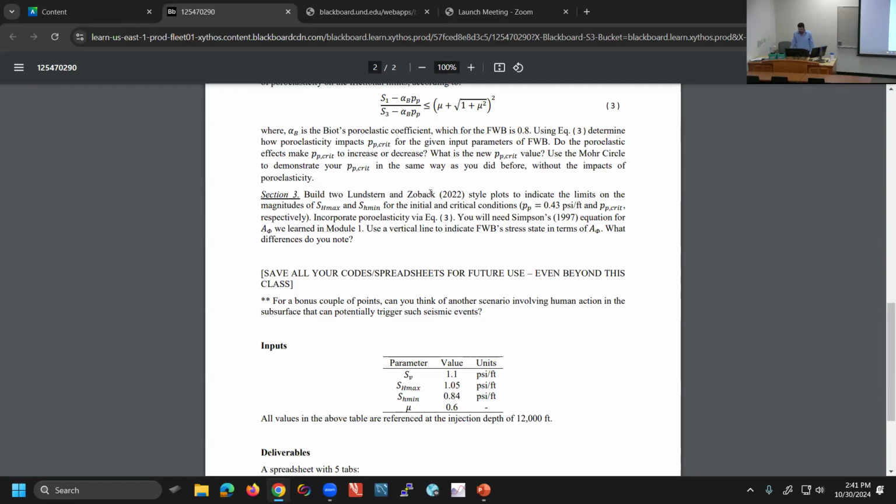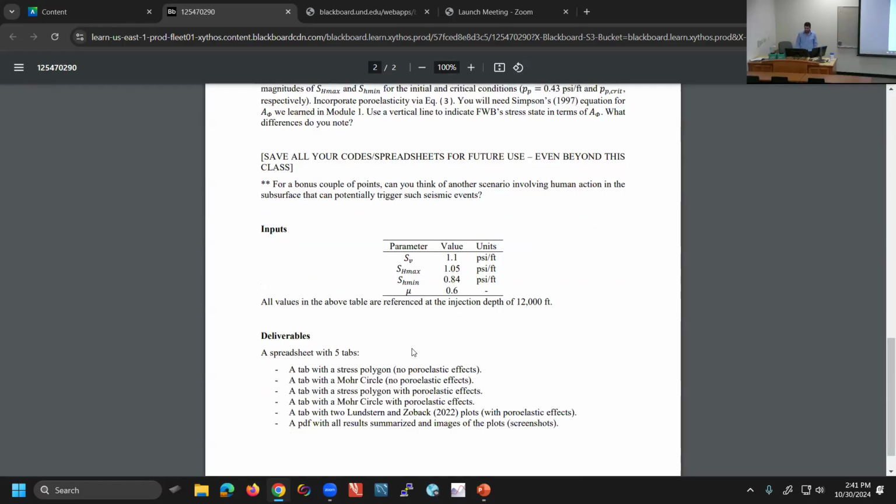Everything else stayed the same. I want you to submit a spreadsheet and a PDF. The spreadsheet will have 5 tabs. One has a stress polygon without poroelasticity, the other one has a Mohr circle without poroelasticity. Then the third tab has a stress polygon with poroelasticity, and the fourth tab has a Mohr circle with poroelasticity.